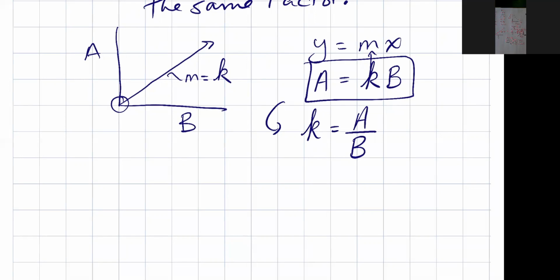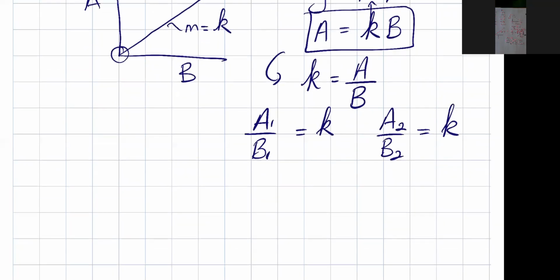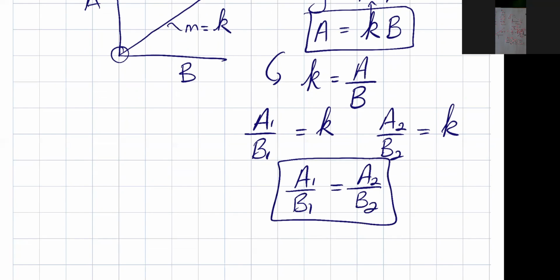You'd get this constant. But that means if you had an A1 and a B1, so one pair of values from your data table, and divided them, that would equal K. But also if you took another pair, A2 divided by B2, that would also give you K. So logically, if they both give you K, then we can conclude that A1 divided by B1 must equal A2 divided by B2. And that would be another way of thinking of a direct proportion.